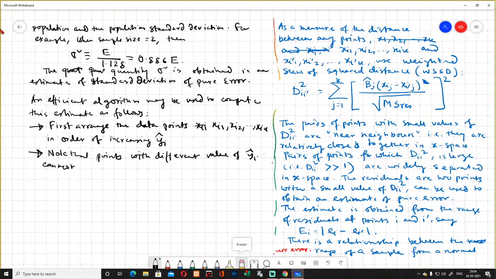So I think this portion, okay. Ei we defined as the absolute difference between ei minus ei dash.